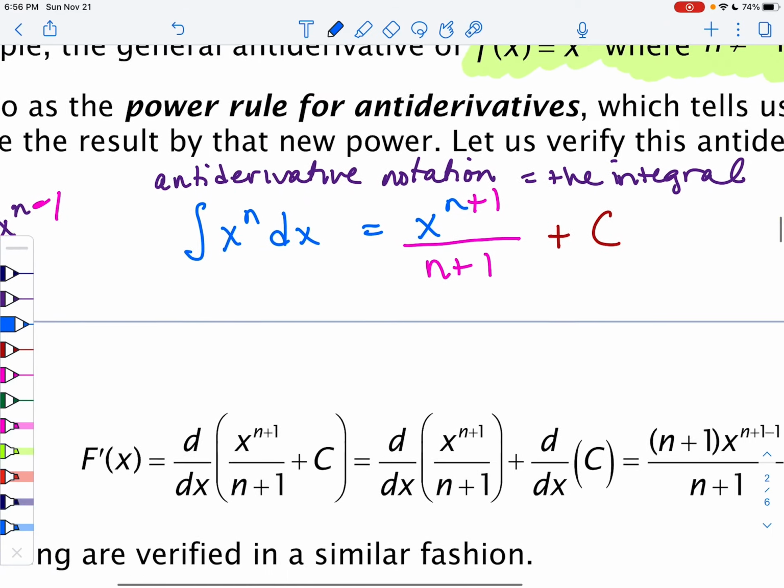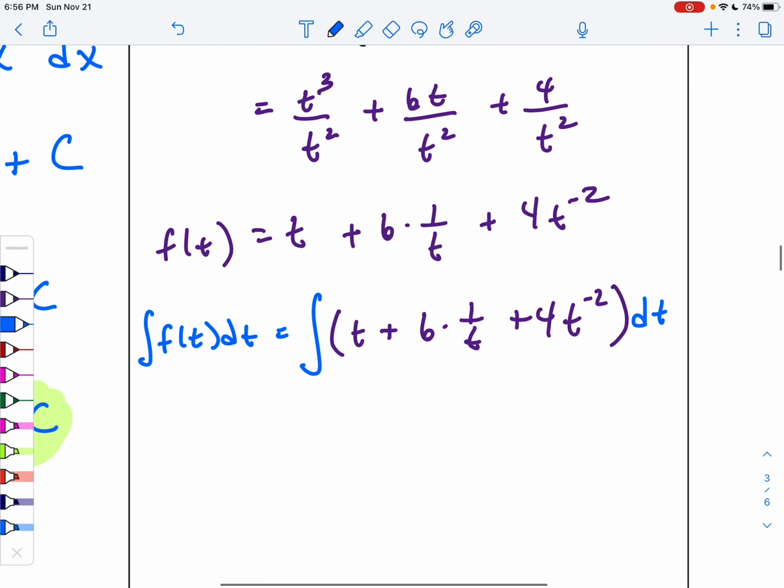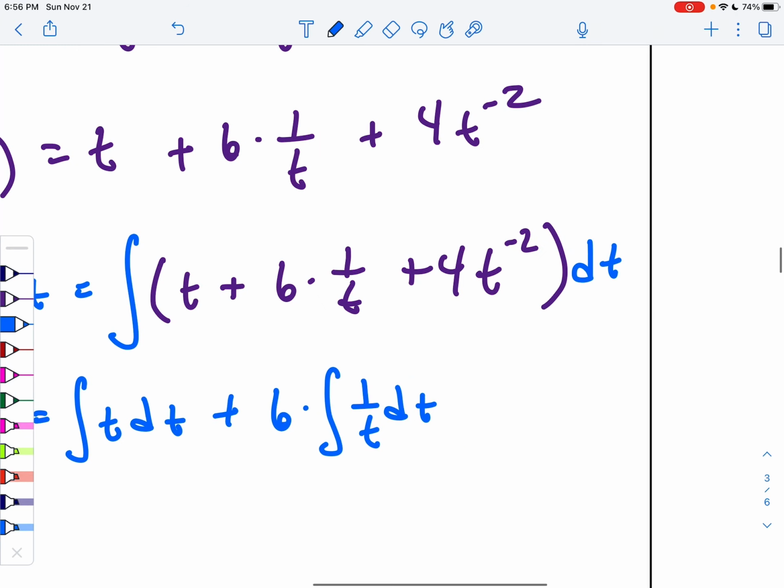So we can split these up as the integral of t dt plus, and the antiderivative of a constant times a function is that constant times the antiderivative of that function. So this is going to be plus 6 times the integral of 1 over t dt. Same thing, we can put the 4 on the outside times the integral of t to the minus 2 dt.